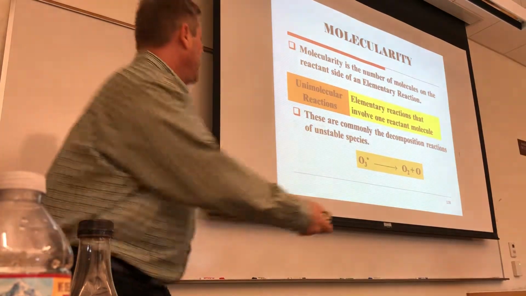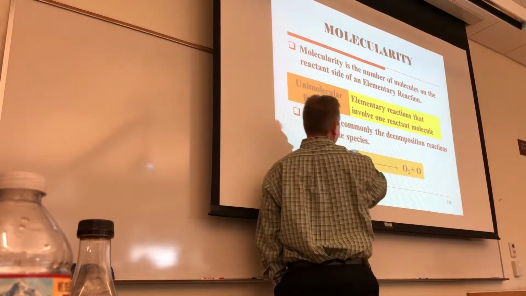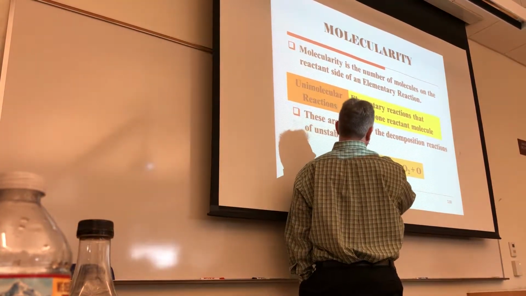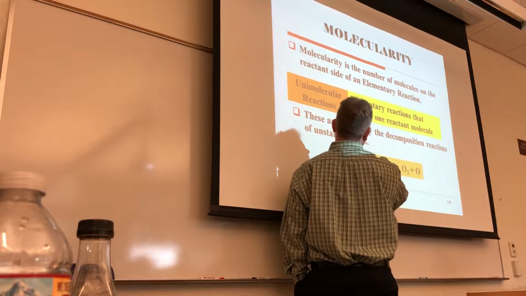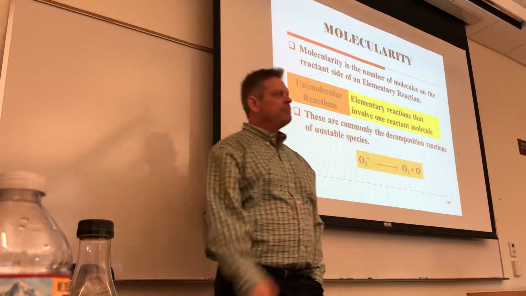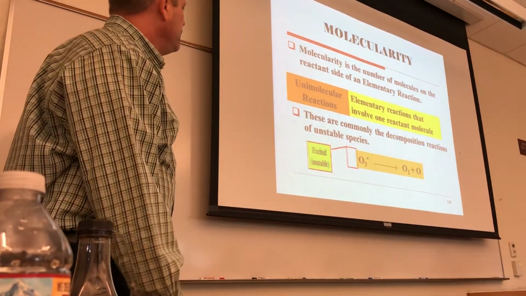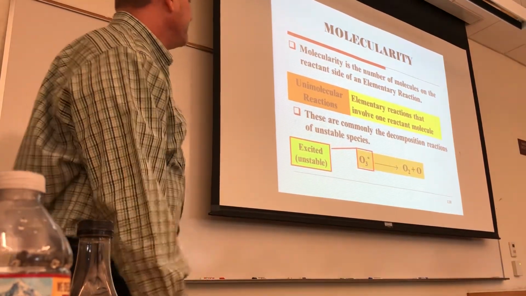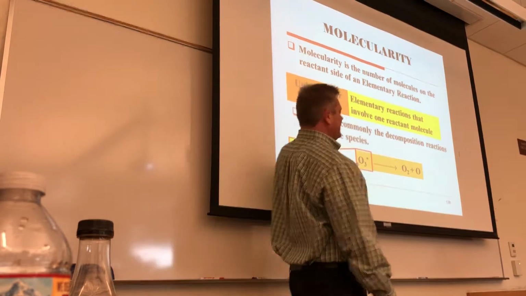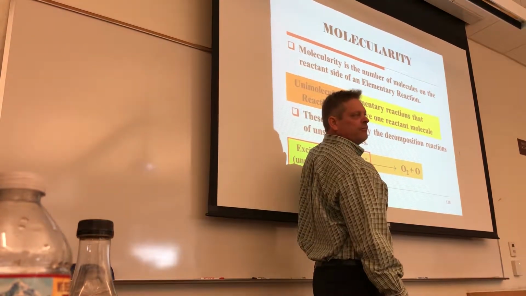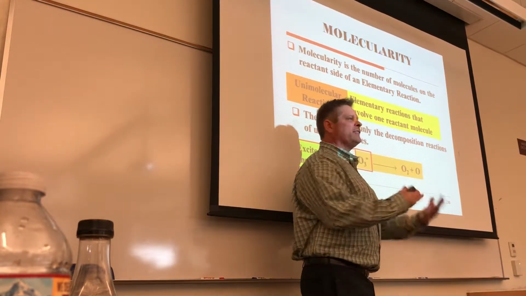So the main thing here, unimolecular, this is an elementary reaction, and it has only one reactant. That's it. It's that simple. Once again, this is only if it's excited and unstable under certain conditions. Under its natural conditions, it's not that unstable.